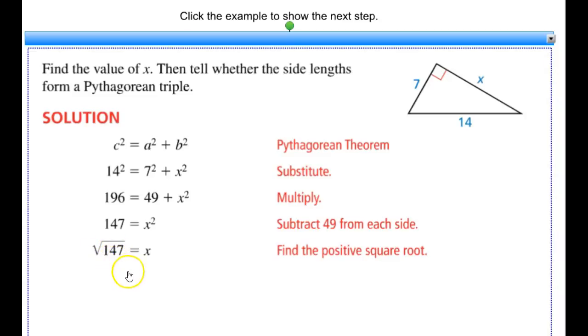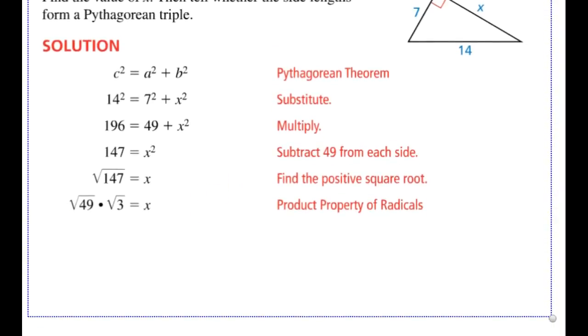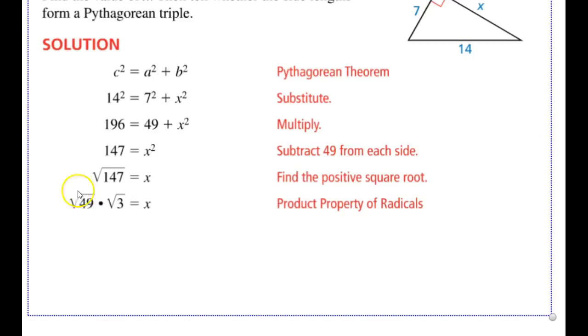The positive square root of 147, I'm going to simplify using the product property of radicals. I use this 49 because I know what the square root of 49 is. If I was looking at 147, I would ask, is this divisible by 4, because I know the square root of 4? Or is it divisible by 9, because I know the square root of 9? I look at all of those and use that property.